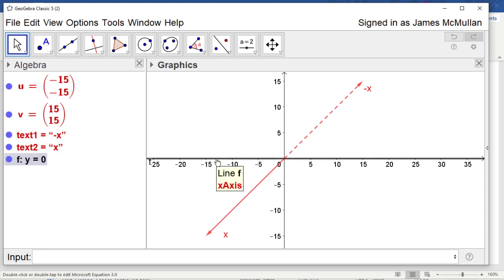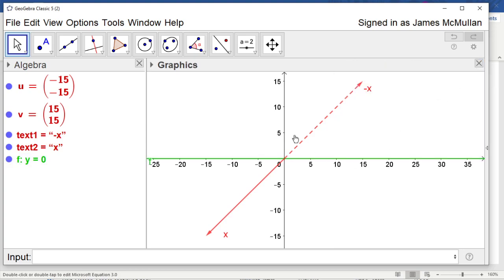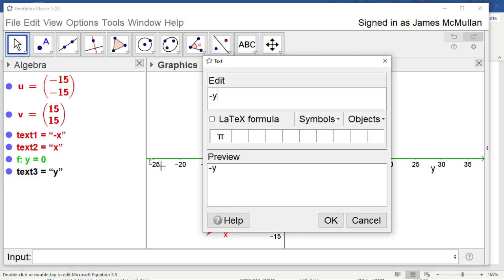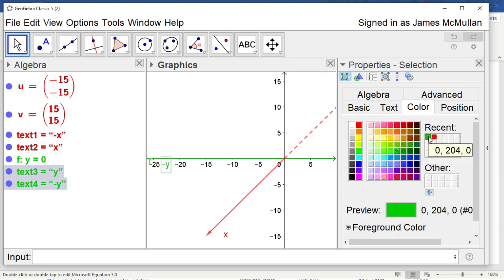So let's put y direction in green. So there's the y direction. It still works the way the old x used to. So positive y is over here, and negative y is over there. And just, sorry, for consistency, we'll just make these also green.